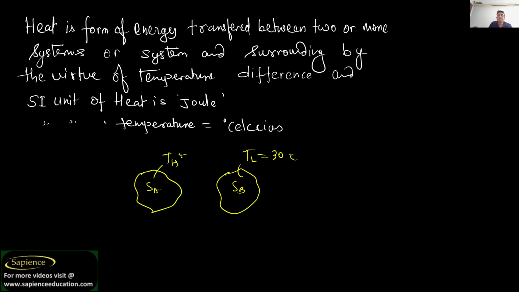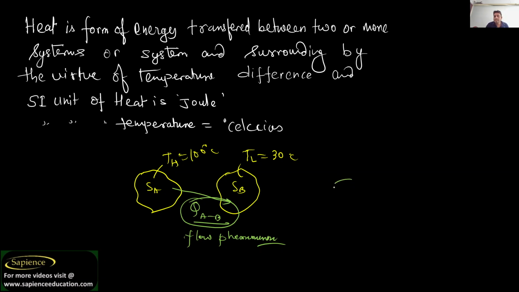When we bring both bodies into contact, heat will flow from A to B. This is a transient phenomenon, meaning a flow phenomenon. Whenever there is a temperature difference, heat flows from one system to another system.